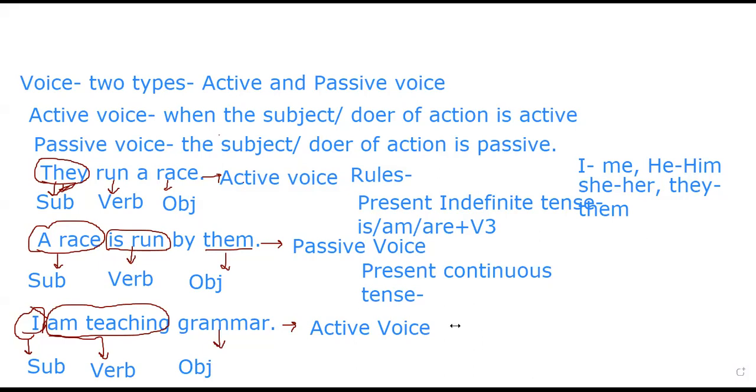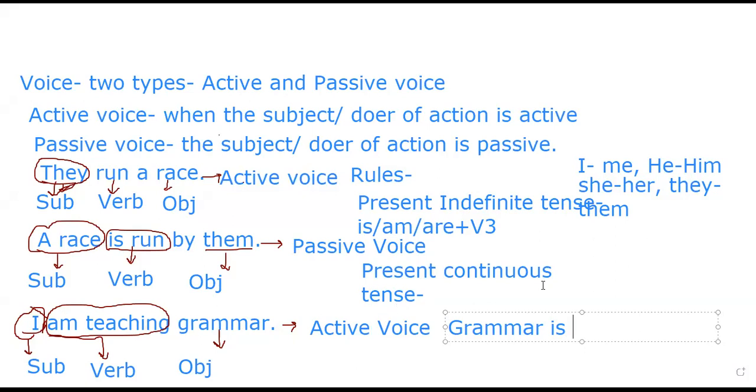Grammar, the object, will become subject, correct? So grammar. Now I told you in present tense we will be using is, am, are only. Here we have used I am, because with I we can use am only. So with grammar we will be using is, and because it is continuous tense, teaching will be teach plus ing.